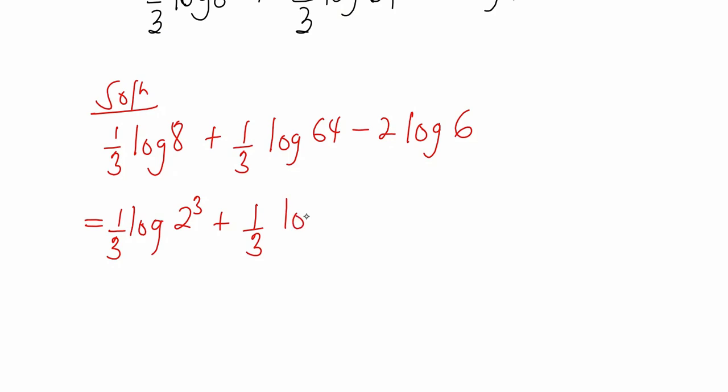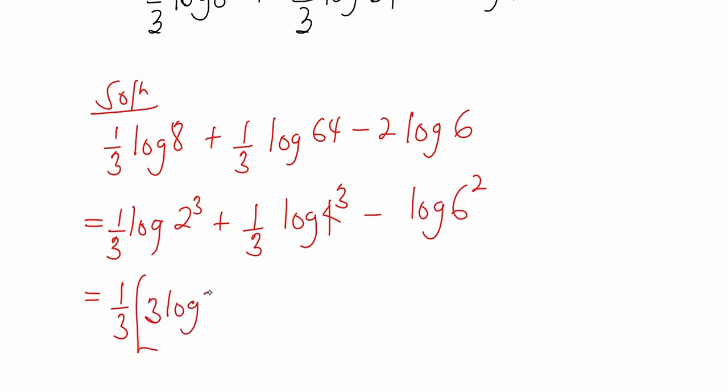In the same way 64 can be expressed as 4 exponent 3 minus, now 2 log 6 can be expressed as logarithm of 6 exponent 2. So it means that this coefficient is serving as an exponent here. Now we can also break it down by having 1 out of 3 here, and the exponent 3 can be written as 3 logarithm of 2.